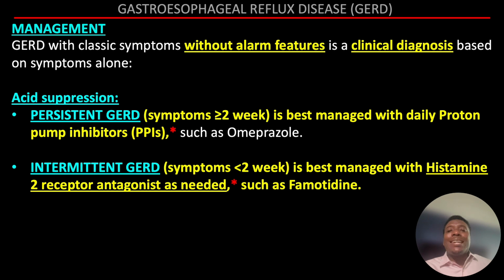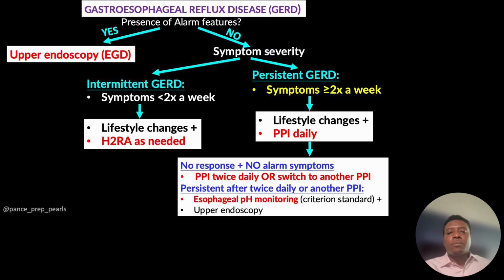If they have what we call intermittent GERD, meaning that the symptoms of GERD happen less than 2 times a week, then in addition to lifestyle changes, you can use an H2 blocker such as famotidine. So if you get a classic GERD question, it's very important to pay attention to how often they are developing the symptoms of GERD. 2 times a week or greater, add a PPI. Less than 2 times a week, and if it's intermittent, you can use an H2 blocker.